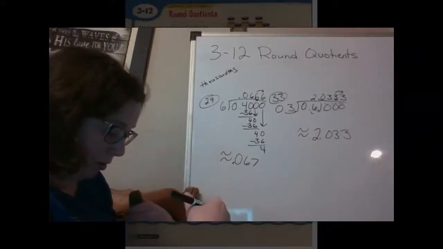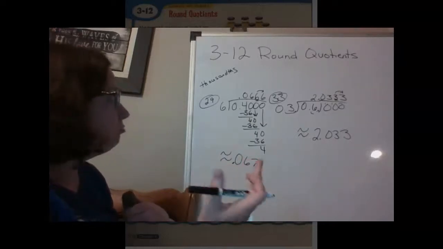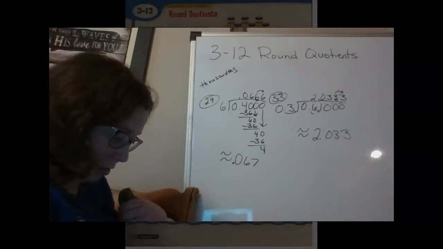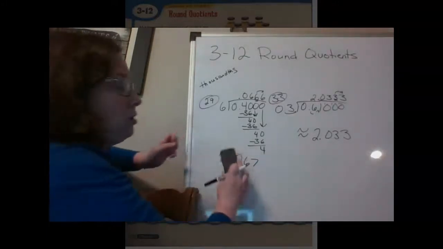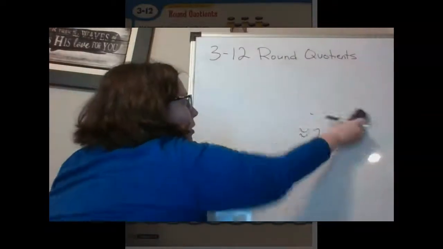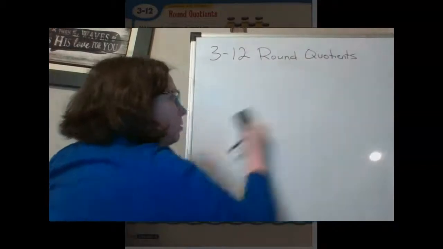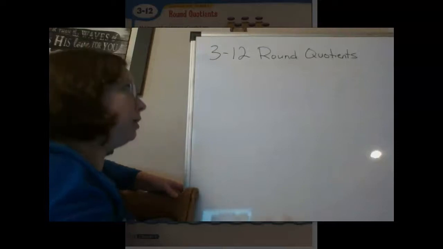So those are examples from all 3 of the sections in this section of homework. The other thing I want to share is a little chart that'll help you to figure out how many places you need.